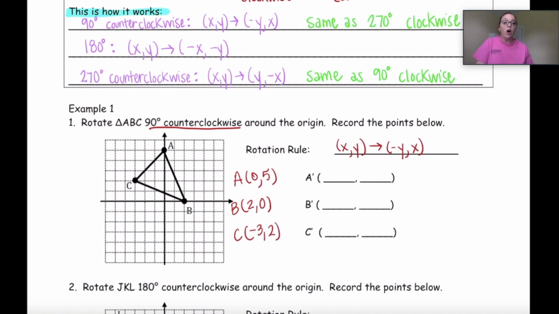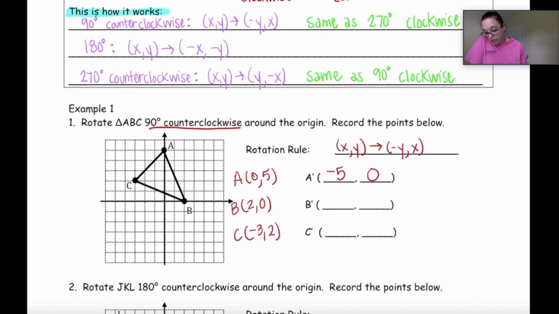If I follow the rule, it says the first thing should be negative y, meaning the opposite of my y coordinate. Right here, my y coordinate is a positive 5. If I take the opposite of that, that's going to be negative 5. So I'm going to write negative 5 here. And then it's telling us to keep the x coordinate the same, which was 0. Now I'm going to do it for B. I'm going to take the opposite of my y coordinate.